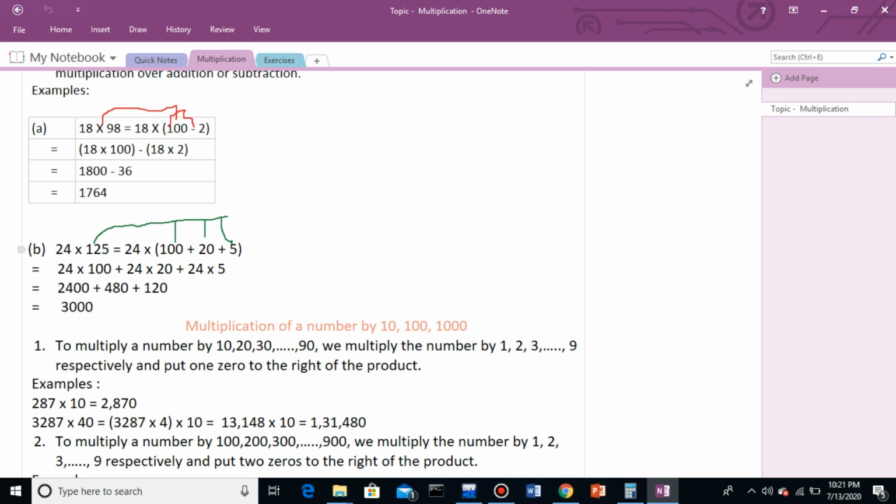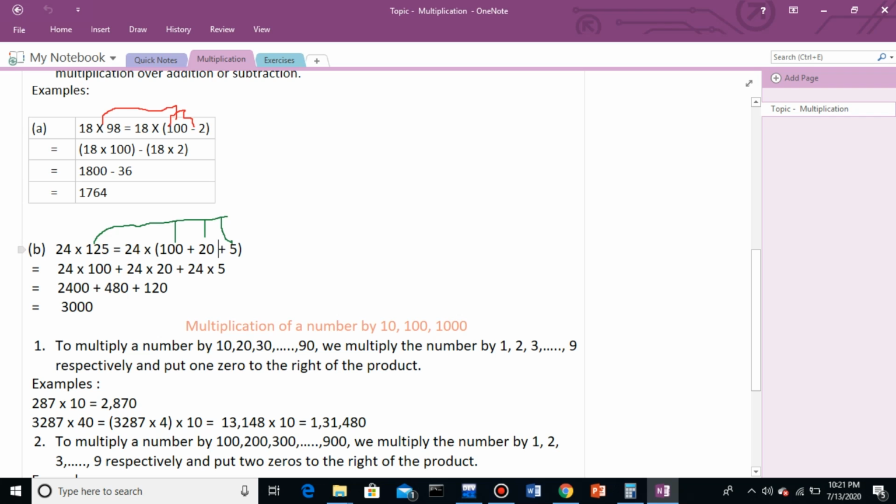So we broke it into some parts because it is really easy to multiply with 100, 1000, etc. Now what's the statement below? 24 into 100 plus, why have we put that plus sign? Because 100 plus 20 plus 5, you can see that. So we will multiply 24 with 100, 20 and 5.